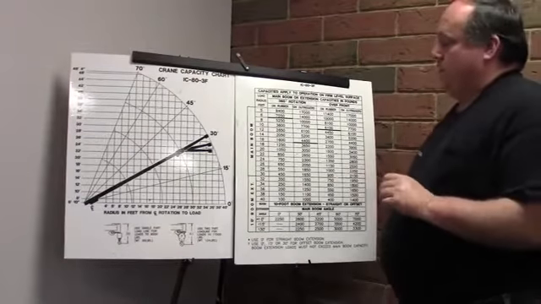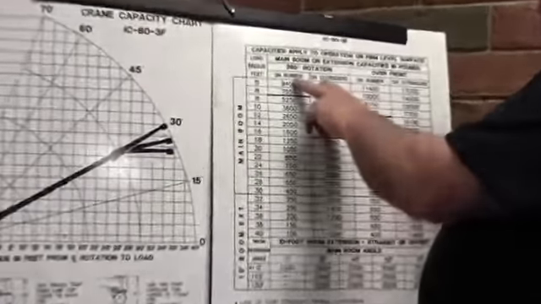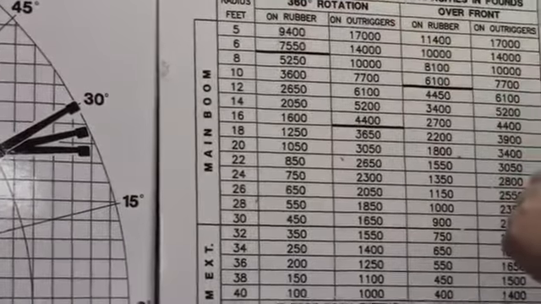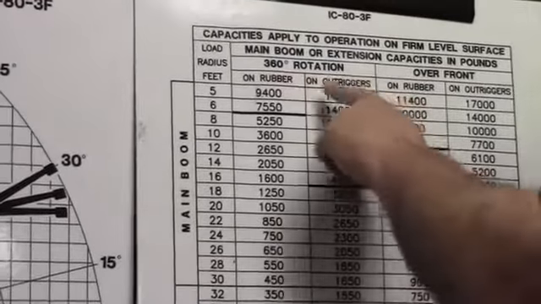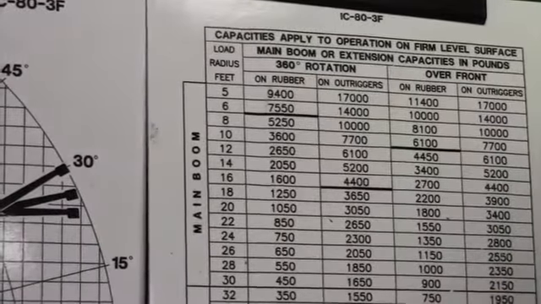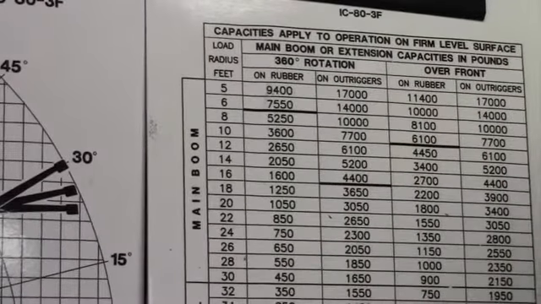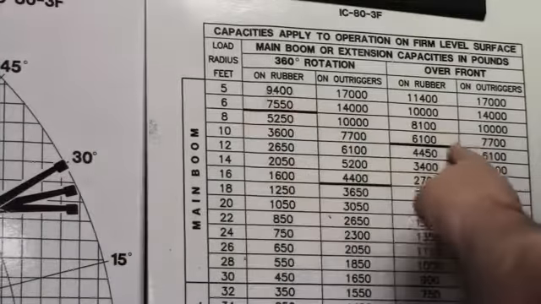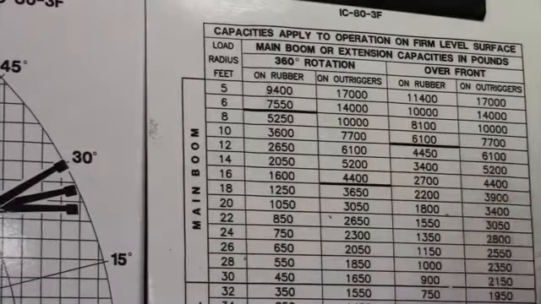Now, the other thing that we have to understand is that once we've determined that we're going to rate the crane at a 360 degree rotation, and we've decided, for example, that we're going to have the crane on its outriggers, which is its most stable position, there's also a dark black line on each one of these charts. This dark black line indicates the difference between the crane's tipping point and where the crane is going to be structurally damaged.